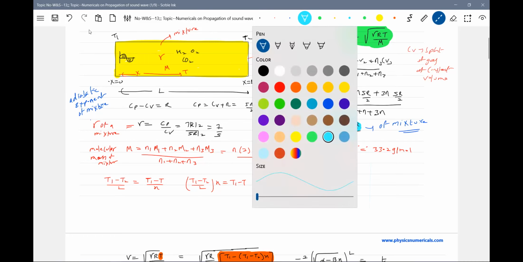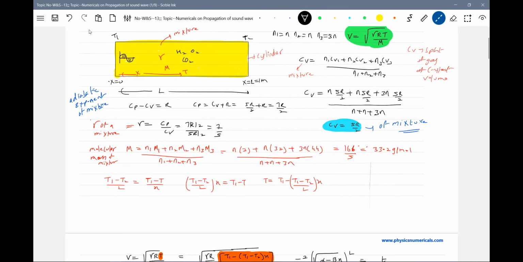Looking at the curve, it is linear. This is T1, this is T2. What is the slope? It varies linearly from T1 to T2.